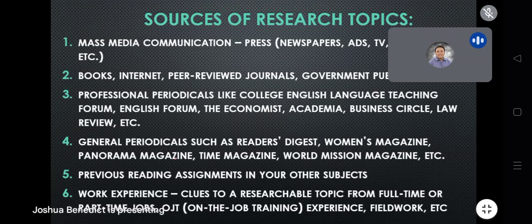Alright? And lastly, work experience and/or observations. Nothing beats a keen observation of a researcher. What you observe, you can counter-check with articles online to make your premise more valid and credible when you start your research topic. All right?